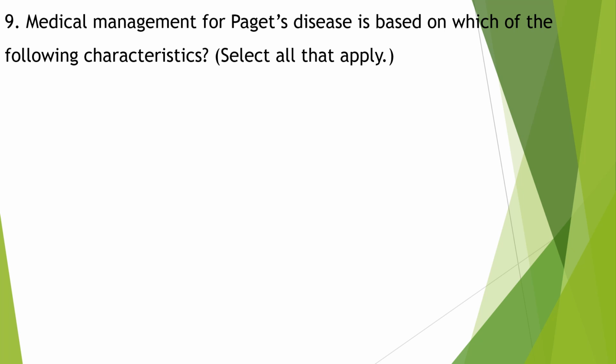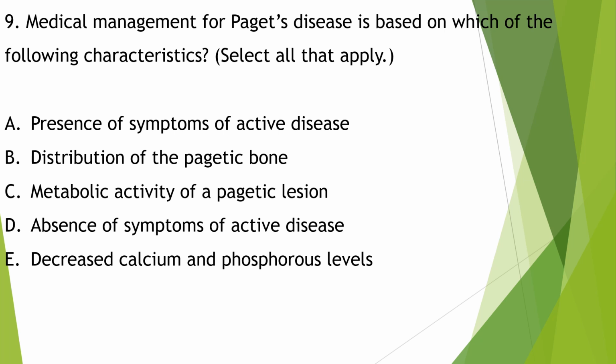Medical management of Paget's disease is based on which of the following characteristics? Presence of symptoms of active disease, distribution of the Pagetic bone, metabolic activity of the Pagetic lesion, absence of symptoms of the active disease, decreased calcium and phosphorus levels.